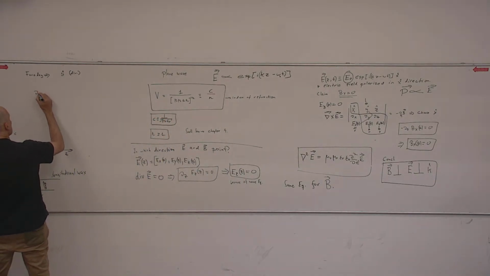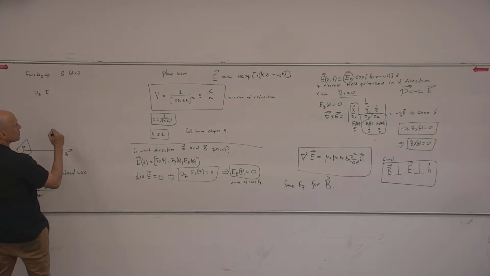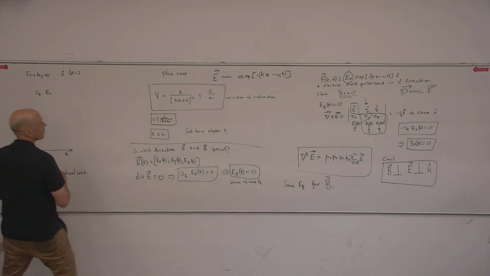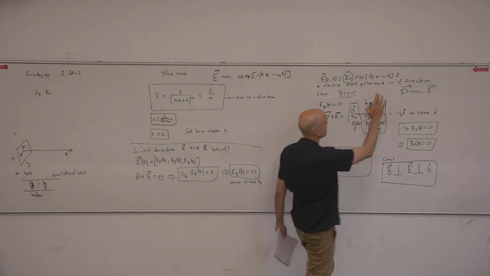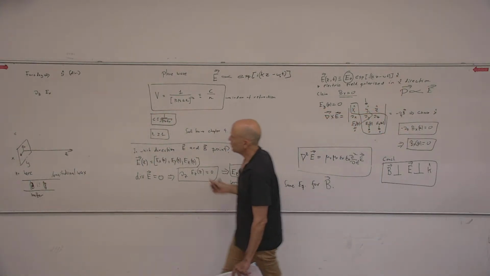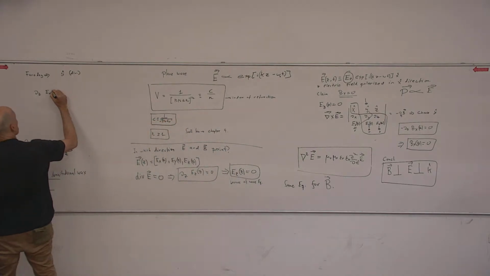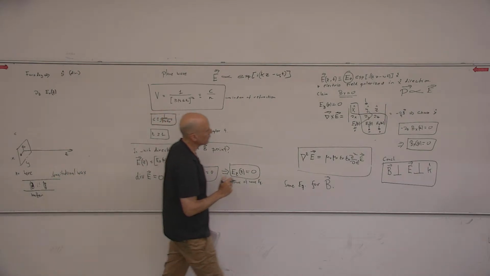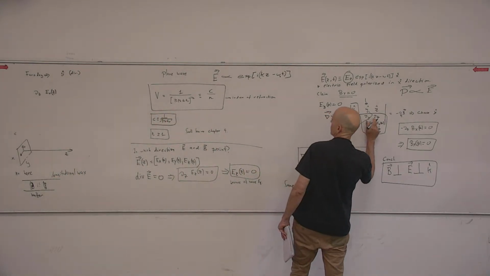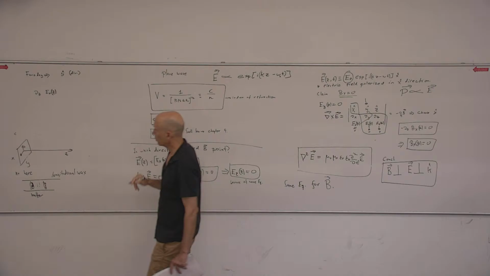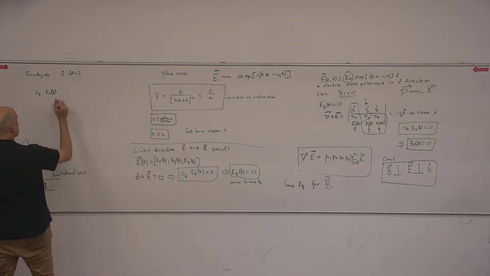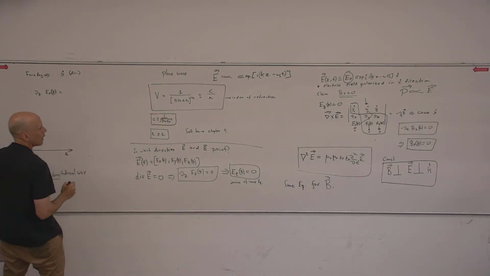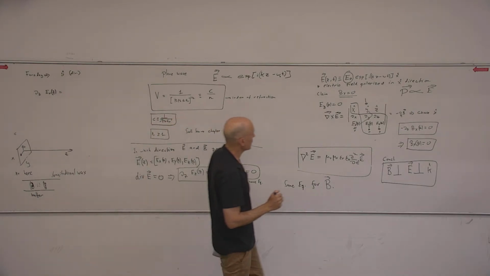We have d dz of E, which is in the X direction. So this is this X here, and it is a function of Z. This derivative d dz is again this one here, that is in the rotor of E. And this is equal to, and then there's a minus sign, I guess.